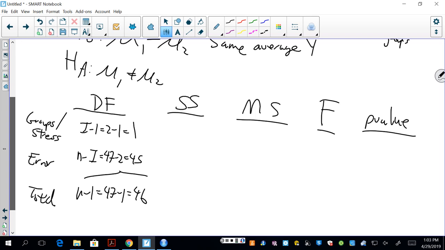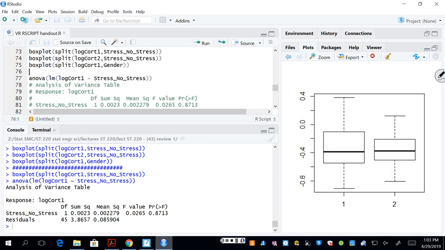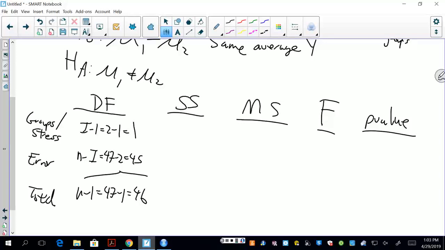Now, likely, to avoid having to copy an entire F table of multiple pages, I'll give you the p-value for F, right, 0.87. With a large p-value like that, are you going to think these means are different or not?